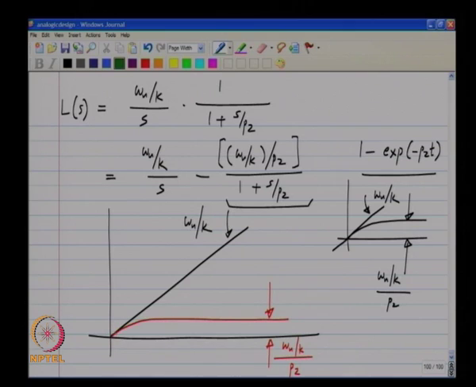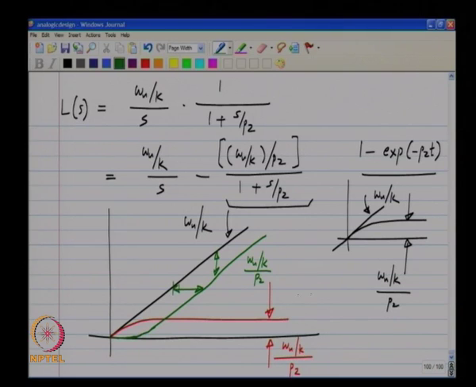And if you take the difference between these, the starting slope will be 0 and then it builds up, and after a while there is a constant difference between the two curves, and the constant difference is omega u by k divided by P2, and you can also express it as a constant difference in the horizontal direction.